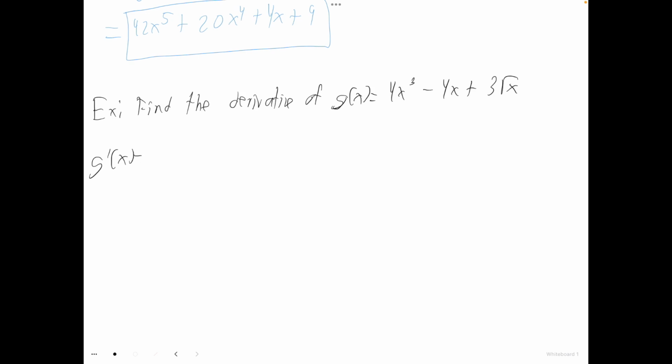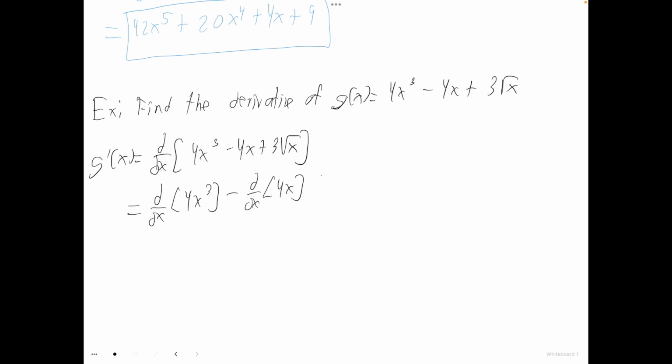The derivative is going to be the derivative of this expression. So we're going to have 4x cubed minus 4x plus 3 square roots of x. And then we can split this up. So the derivative of 4x cubed minus the derivative of 4x plus the derivative of 3 square roots of x.